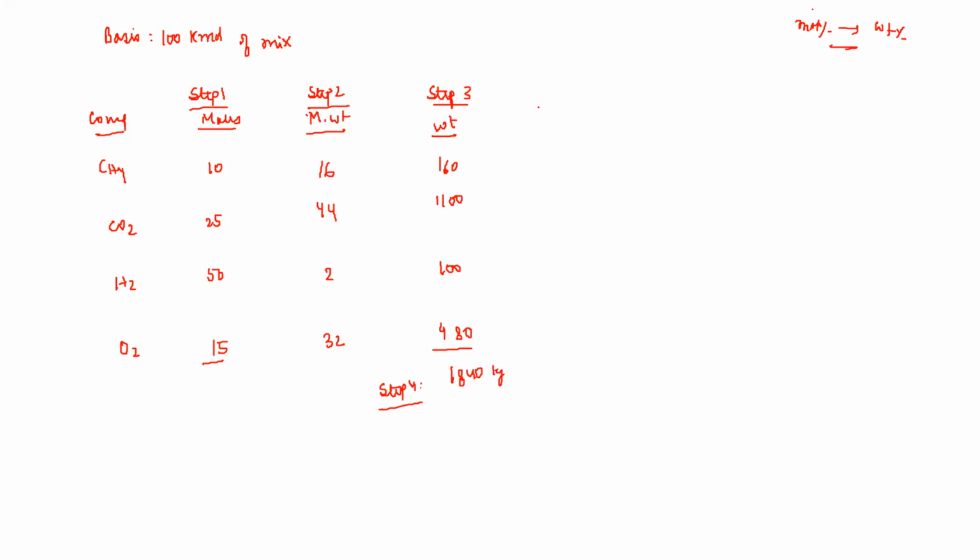Then the next step finally is to get the weight fraction, which is individual weight upon total weight. So it is going to be 160 by 1840. That is 0.087, 0.598, 0.054, and 0.261.